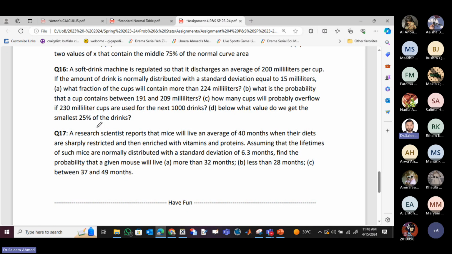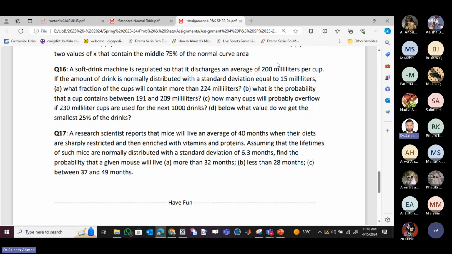So here you see, a soft drink machine is regulated so that it discharges an average of 200 milliliters per cup. If you go to any KFC or McDonald's, there are soft drink machines, right? You just press the knob and they give you the drink.